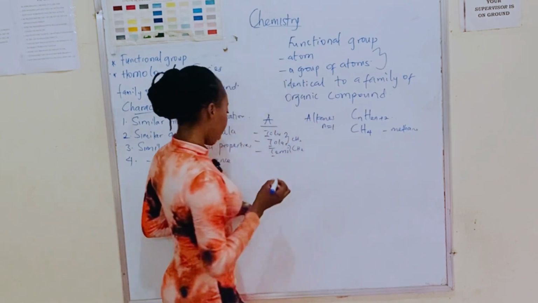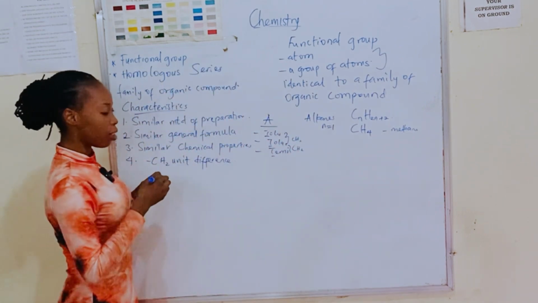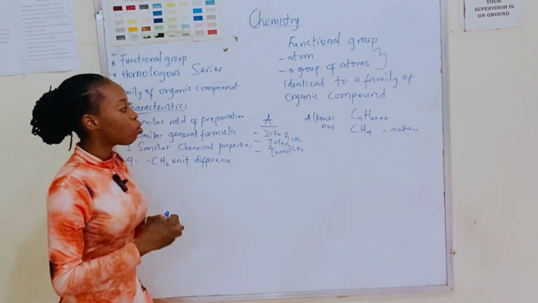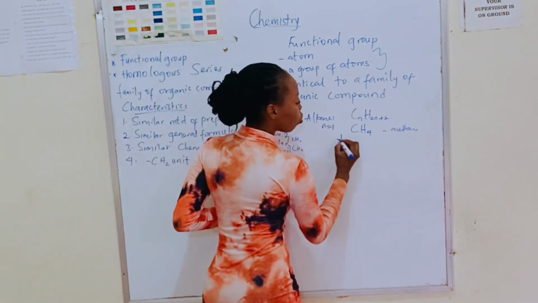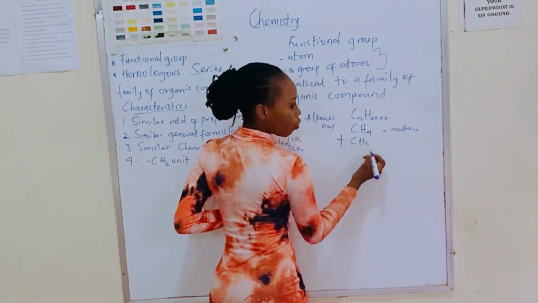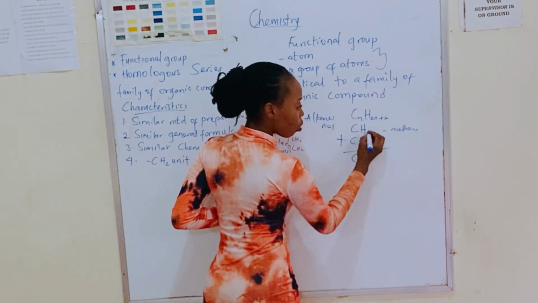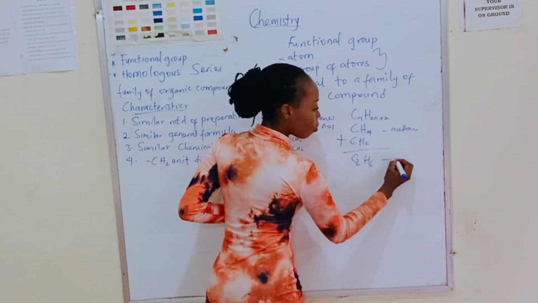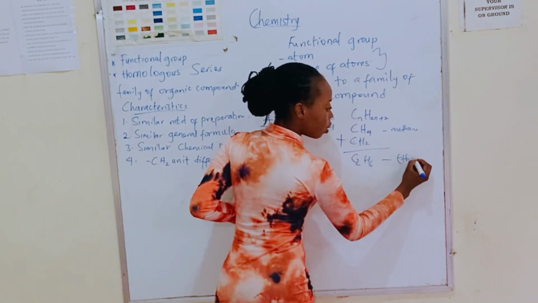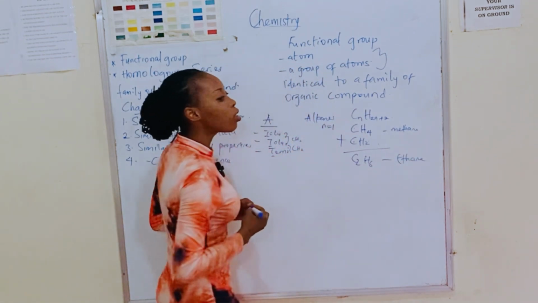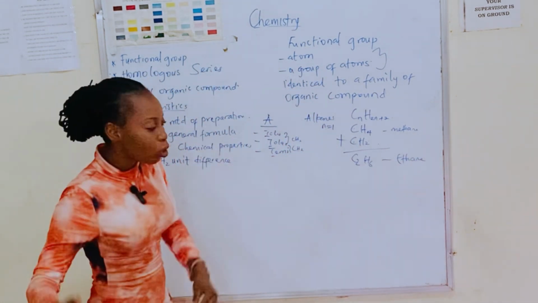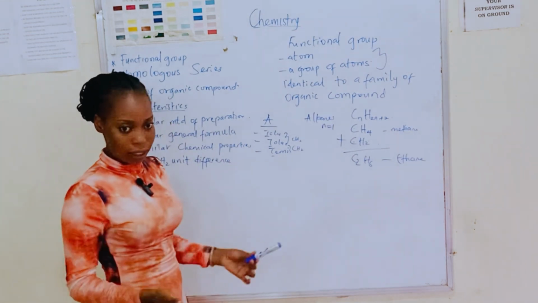Because we said that the difference between the first and the second is CH2, when you add CH2 to the first one, you will get the second one. So C plus C, we have C2H6. That will give us the next member, which is ethane. You can continue like that, keep adding CH2, and you keep getting the next member.